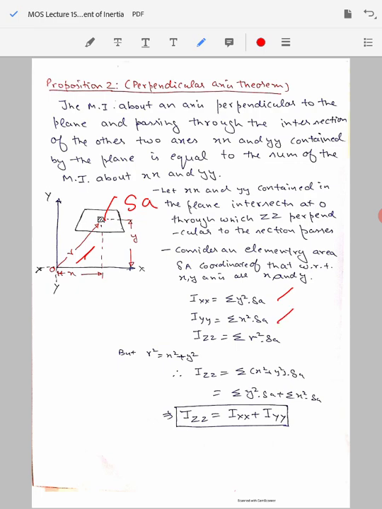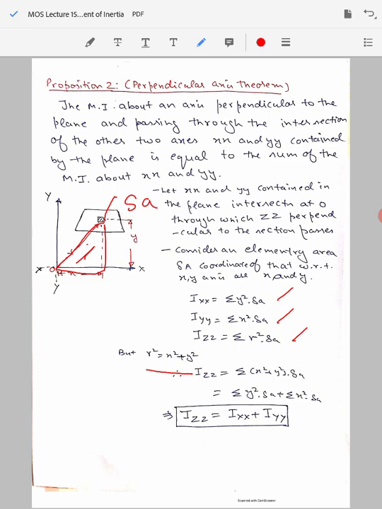Moment of inertia about the y-axis can be defined as summation of x square dot delta A. Similarly, moment of inertia about the z-axis can be defined as summation of r square dot delta A, where r is the distance from the z-axis of this small elementary area. But from this figure we also know that r square is equal to x square plus y square, because this is a 90-degree triangle.